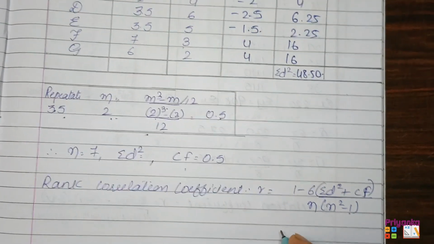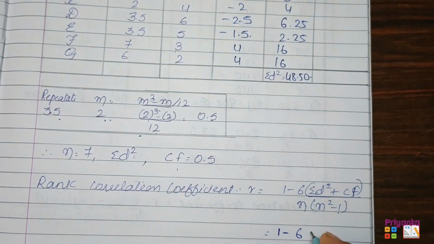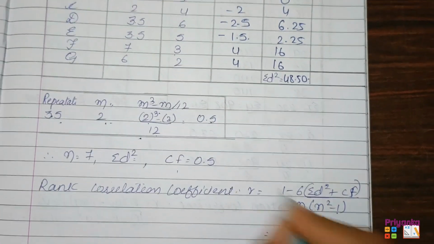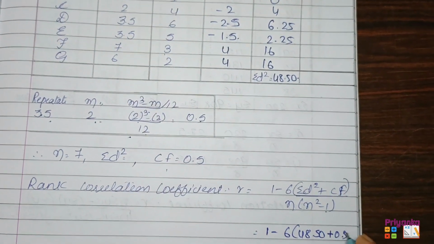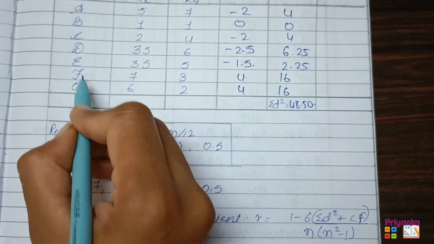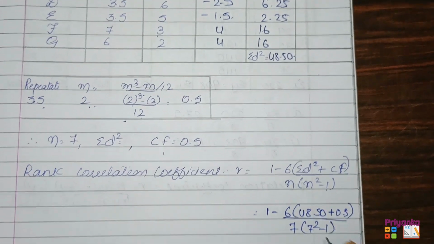Now let's take the value 1 minus 6. Sigma d square is 48.50 plus CF we found, 0.5. N, that is 1, 2, 3, 4, 5, 6, 7. So take the 7 square minus 1.